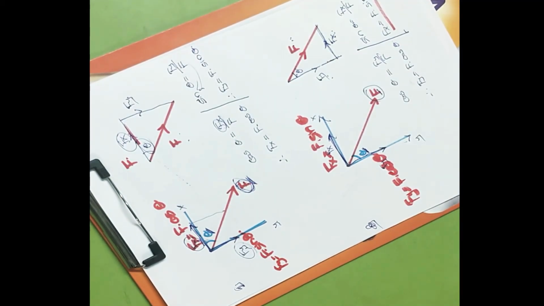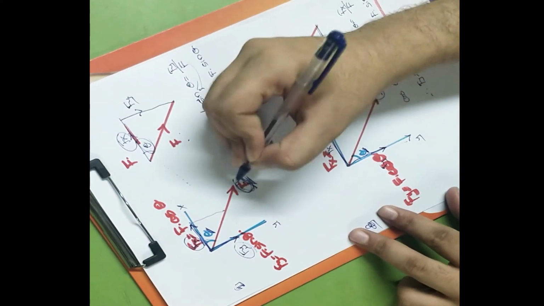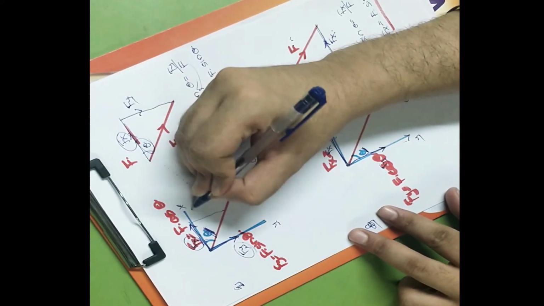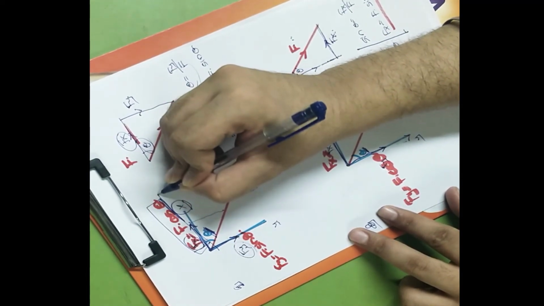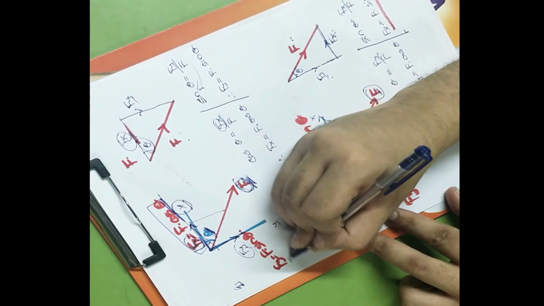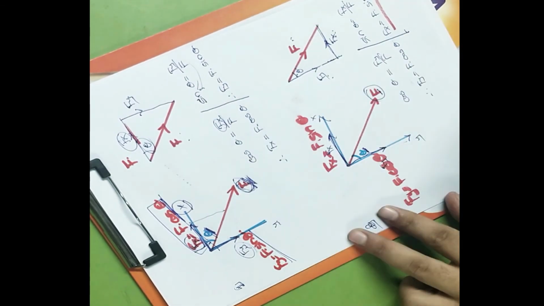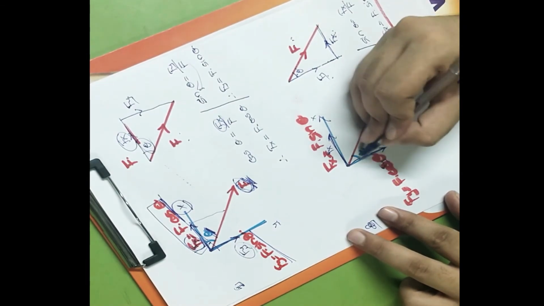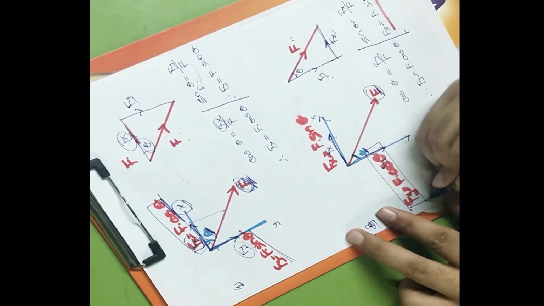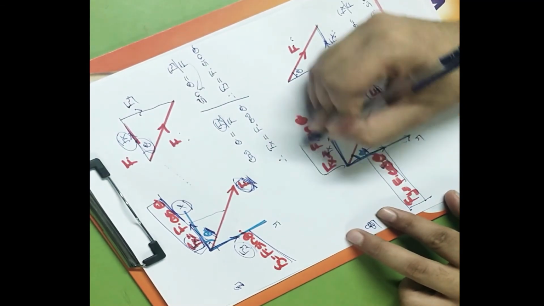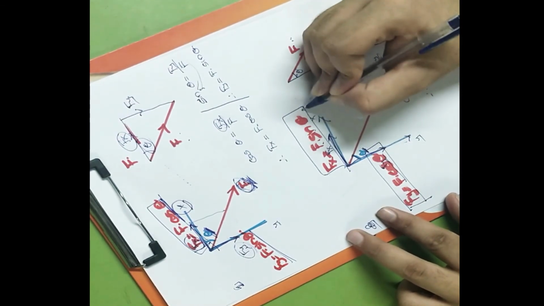Now a little observation will tell you that when force F is making angle theta with the x axis, then Fx becomes F cos theta, and the other, that is Fy, becomes F sin theta. Similarly, when F is making angle theta with the y axis, then Fy becomes F cos theta, and the other, that is Fx, becomes F sin theta.